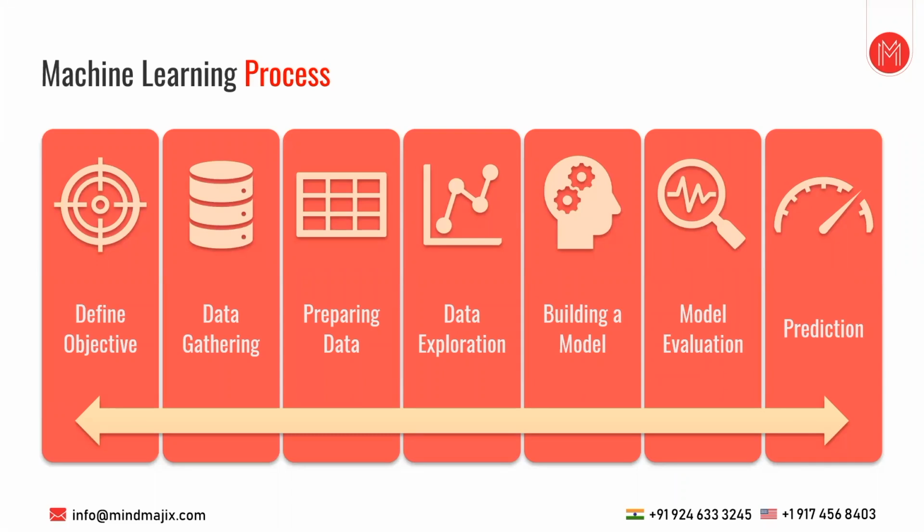So here, let's talk about step number one, or how to start the process. Step one is to define the objective. At this step, we must understand what exactly needs to be predicted. In our case, the objective is to predict the possibility of rain by studying weather conditions.